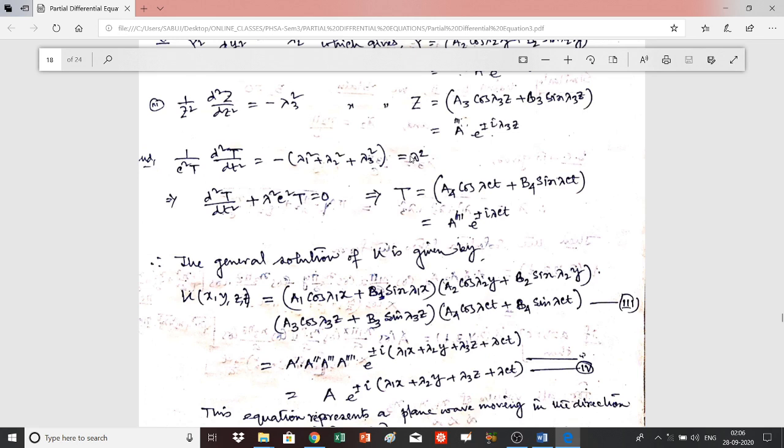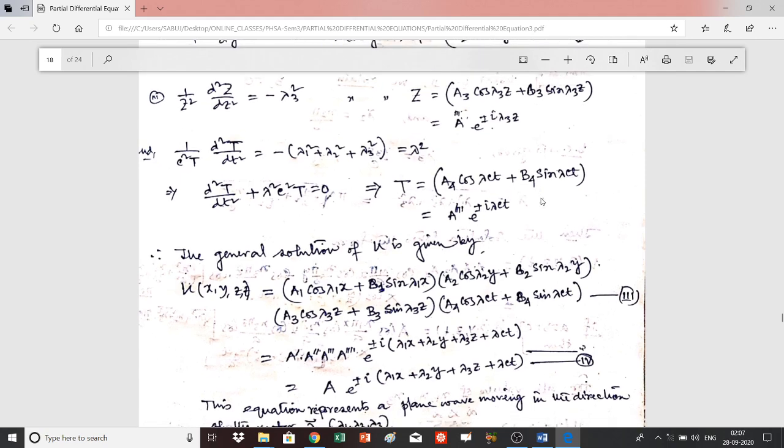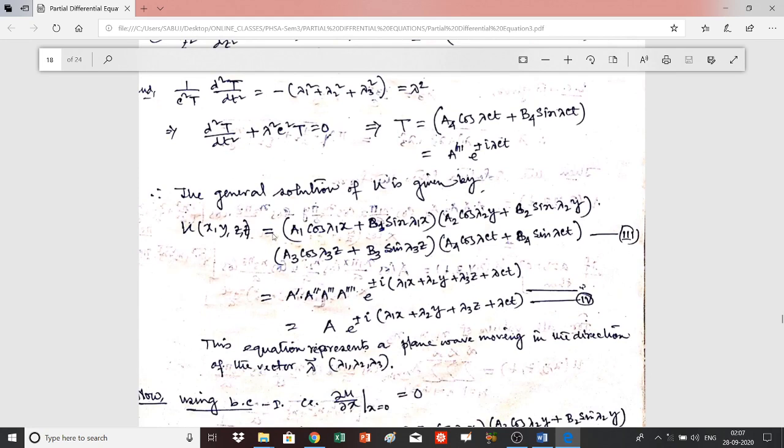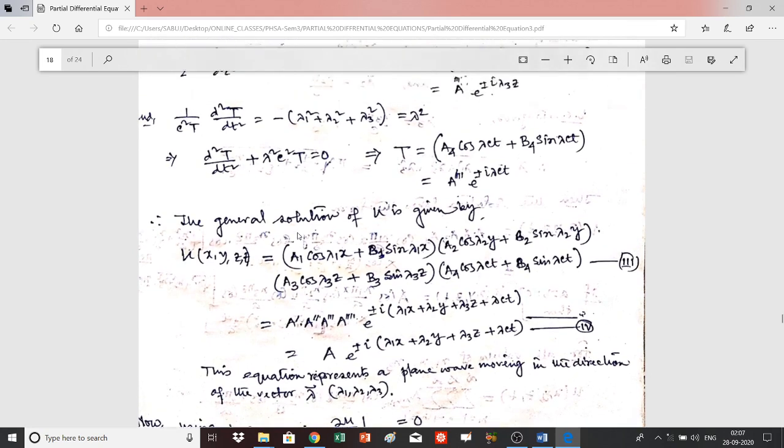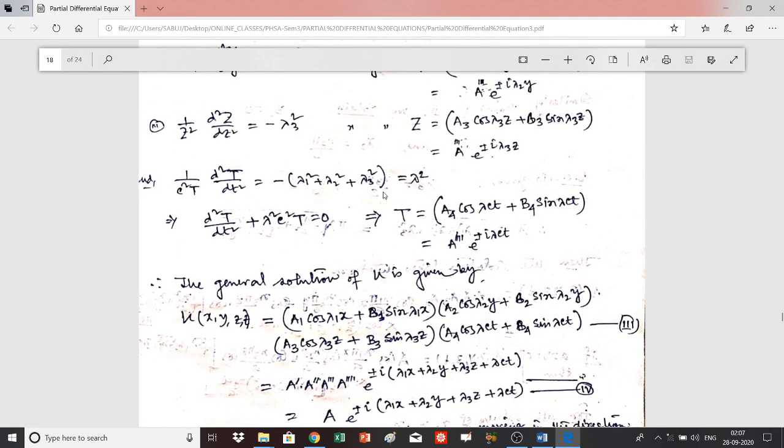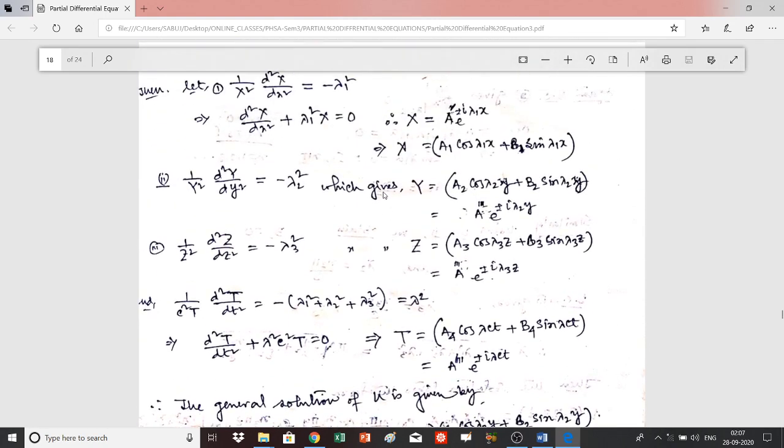the solution of this. Solution of this is a4 prime e to the plus minus i lambda ct, that means a4 cos lambda ct plus d4 sin lambda ct. So therefore the general relation will be u x y z t is equal to, write all these things. First this term, just write all these three terms, this term, then multiplied by this term, then multiplied by this term.